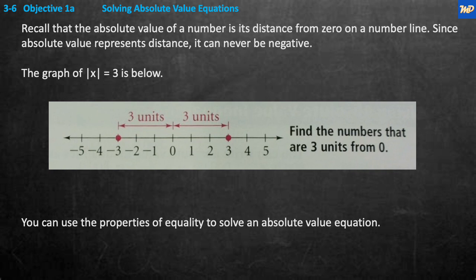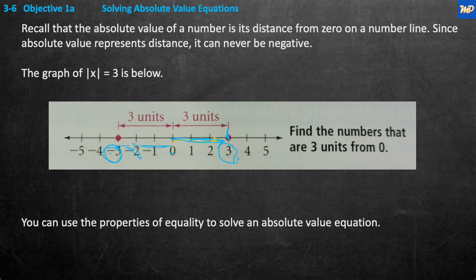Well, 3 units to the right of 0, going this way. Let's try the blue. So going here to the right, 3 units to the right is a 3. And that's 3 units from 0. And going to the left, negative 3 is 3 units from 0.